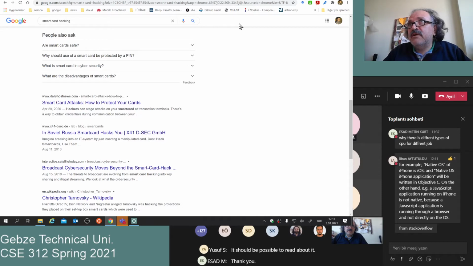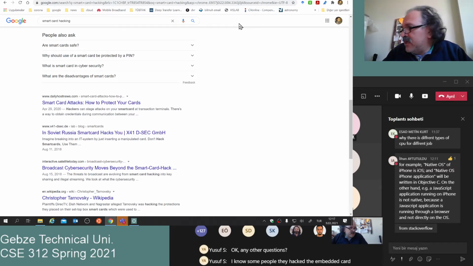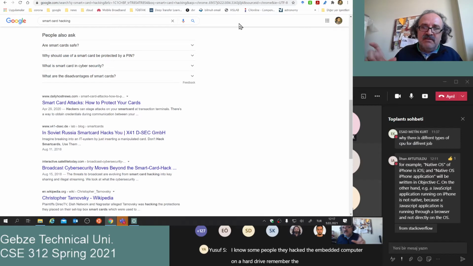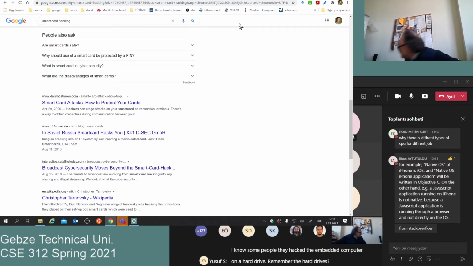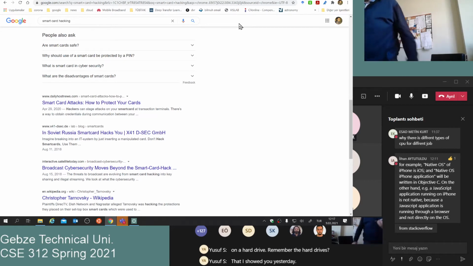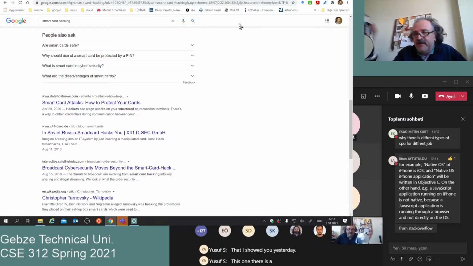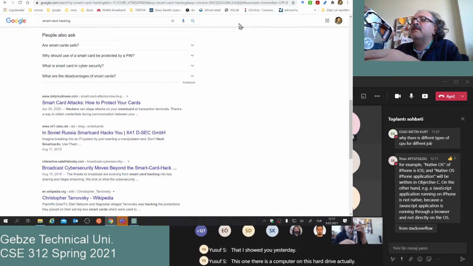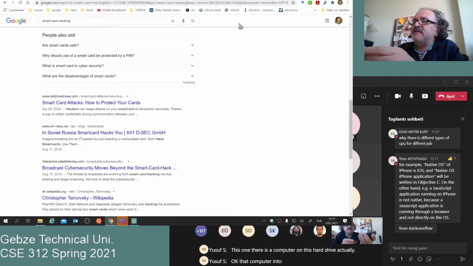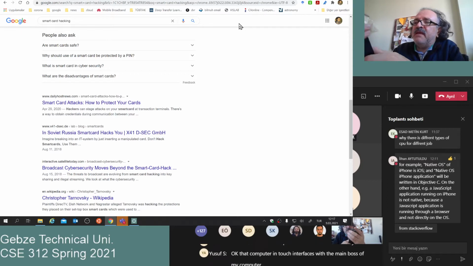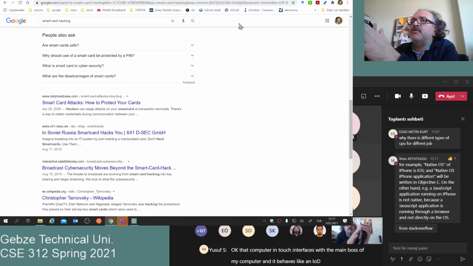Okay. Any other questions? I know some people hacked the embedded computer on a hard drive. Remember the hard drives that I showed you yesterday? There is a computer on this hard drive actually. That computer interfaces with the main bus of my computer and it behaves like an I/O device, but there is a computer on it.